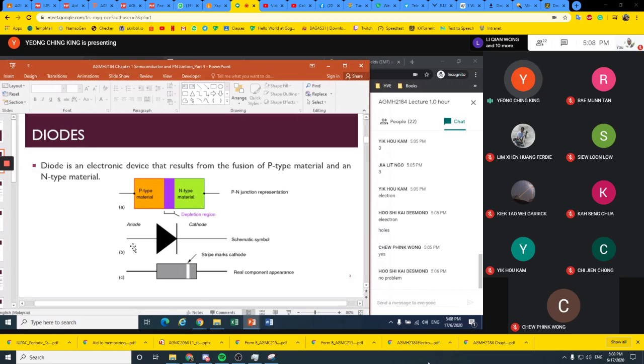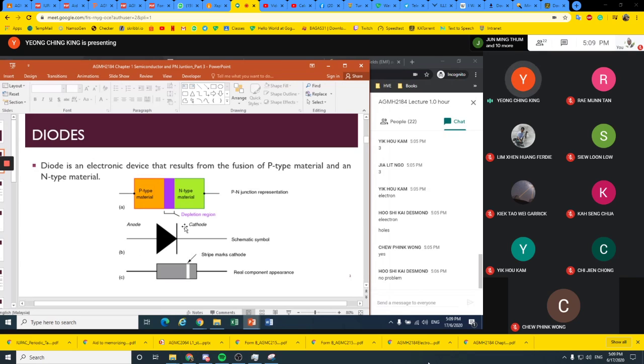And B shows the symbol of a diode. When you do your practical, and you want to connect a diode in your circuit, this one is the symbol that you will see. You have to always remember that a diode has two terminals. One is called anode, one is called cathode. You can see the symbol is a triangle, and here you have one line.